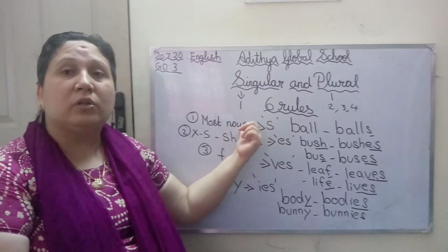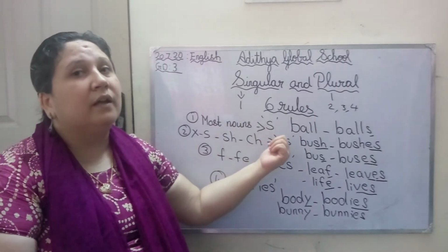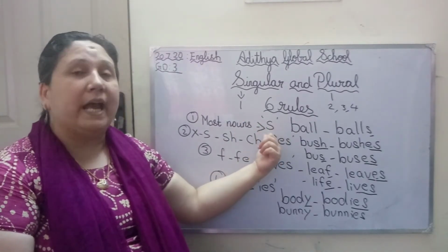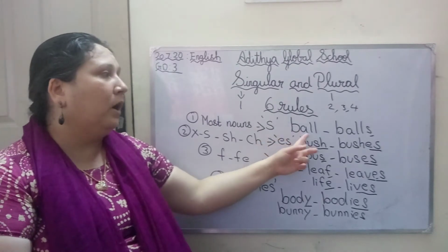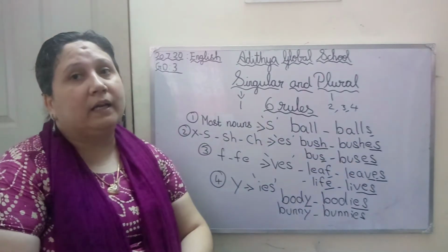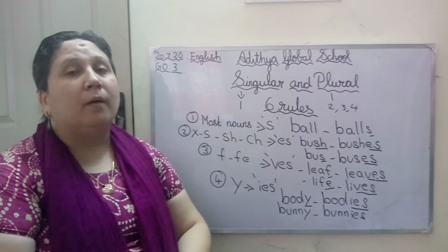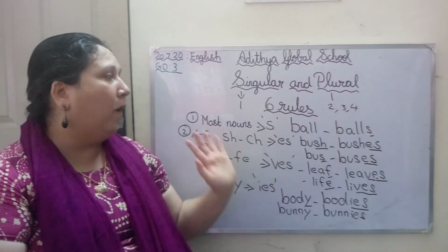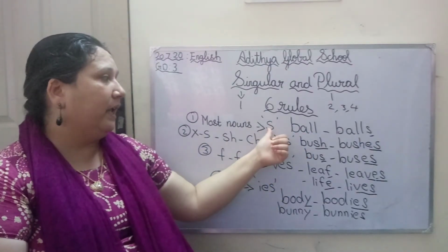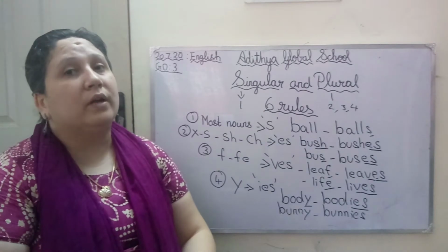So we see most of the common nouns we use s. Very good. Like ball, balls, bat, bats, book, books. Commonly we use the letter s to make it the plural form.